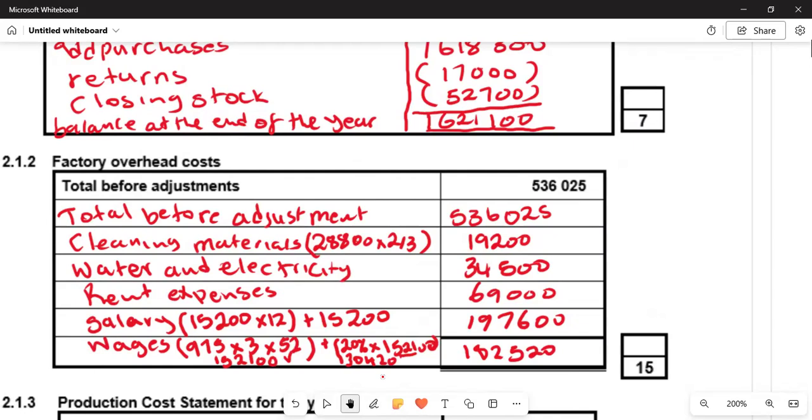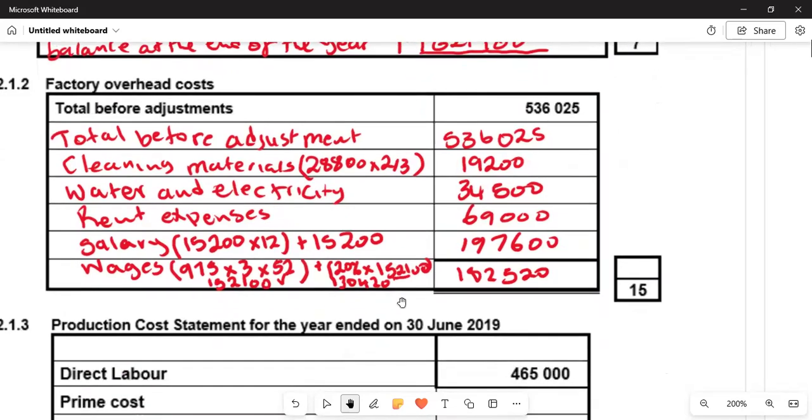So now we are to add them all so that they can give us the total, which amounts to 1,038,845.